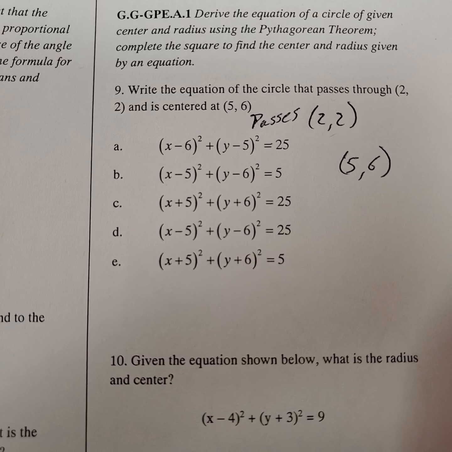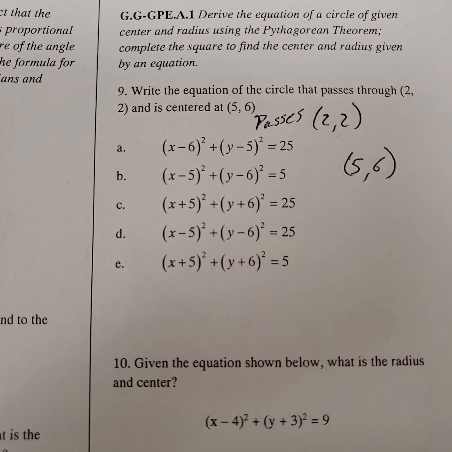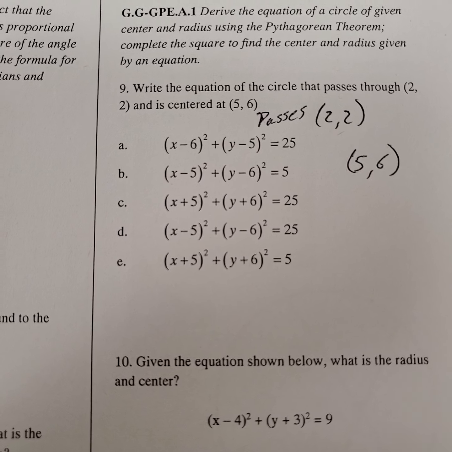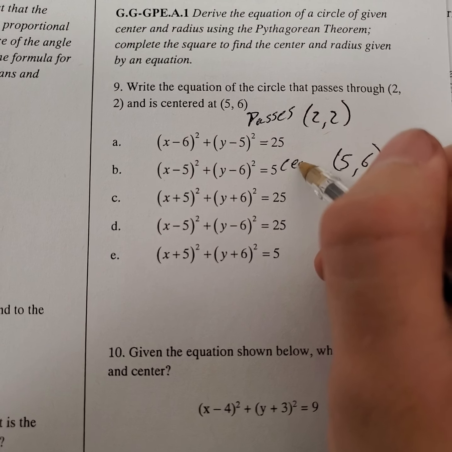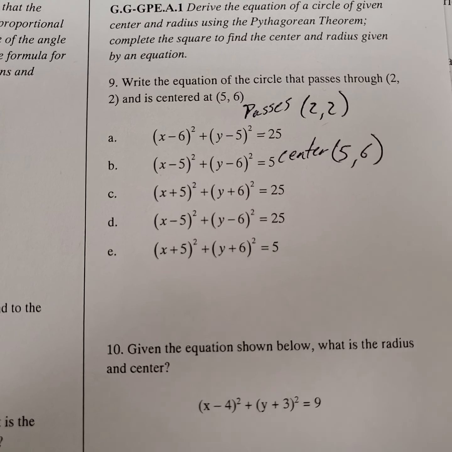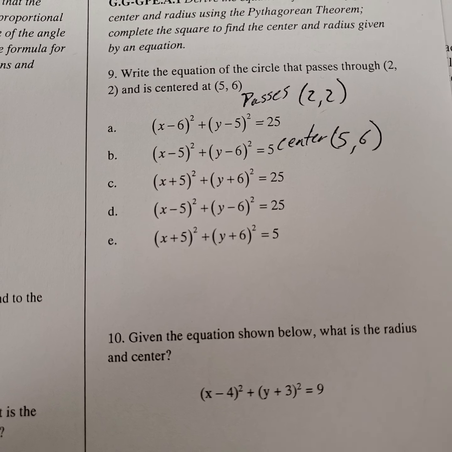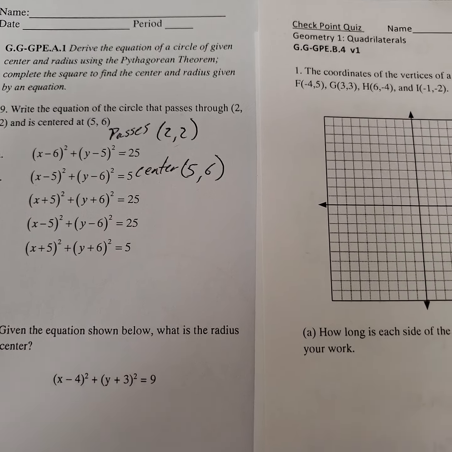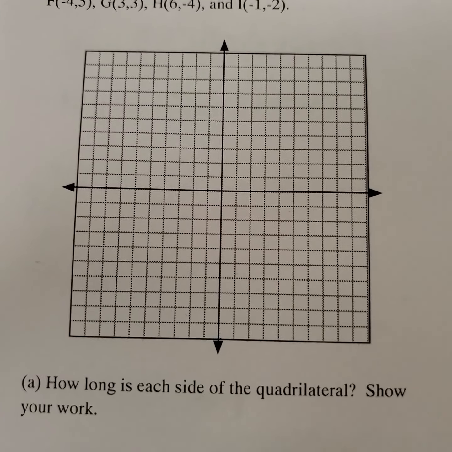So for this, I'm going to give you a grid. We need to find the radius, but just off the bat, we would need to graph this and see how it looks. So let's do that. I'm going to use this graph over here to graph my points.